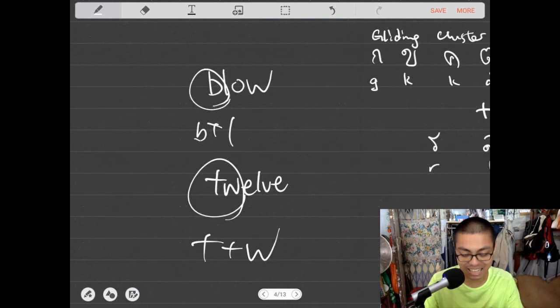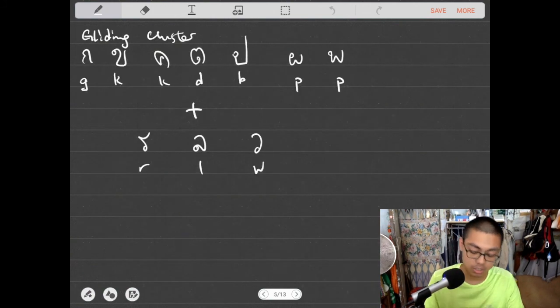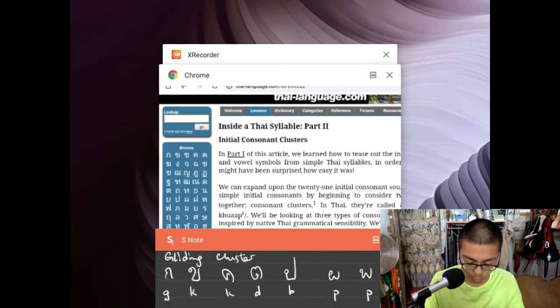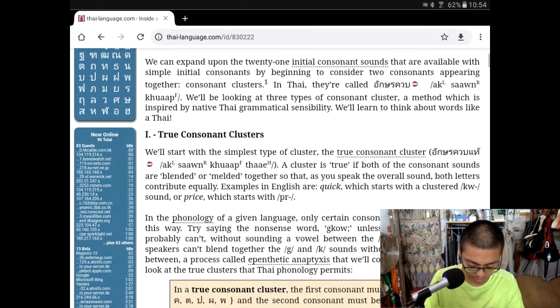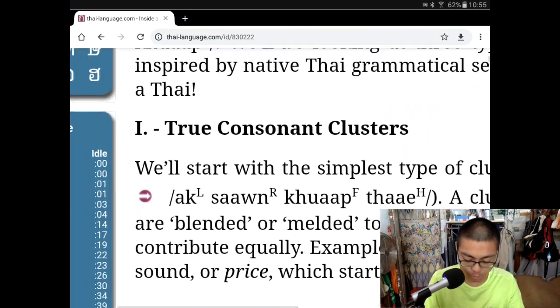Gliding cluster. If you check out the website, the name is True Consonant Cluster. I used a different name just because I think it makes more sense to me and is easier for me to learn.